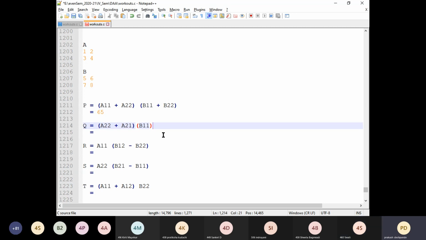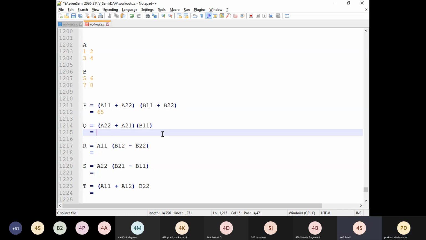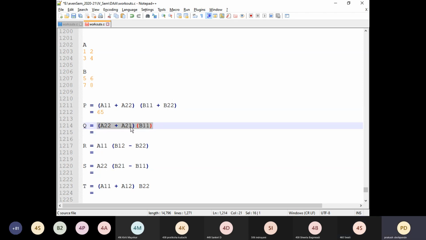What is the answer of Q? Sir, 1 minute. I didn't attend yesterday's classes, so I was figuring out what this is. Okay, now find out what A11, A22 mean. Matrix elements. Based upon that, tell me the answer of Q. Yes, sir, 1 minute.